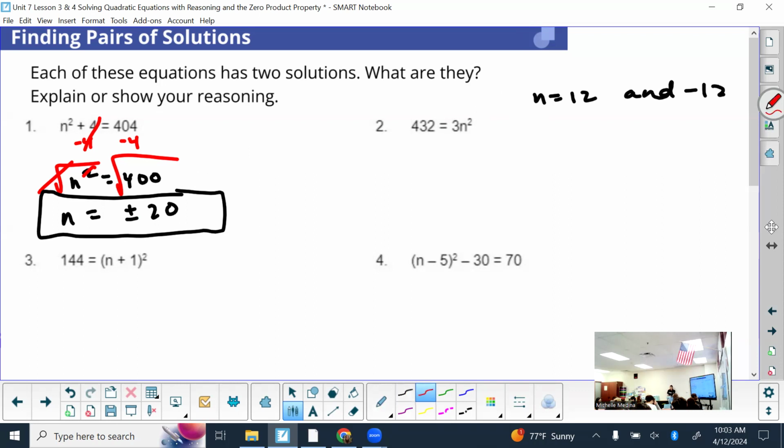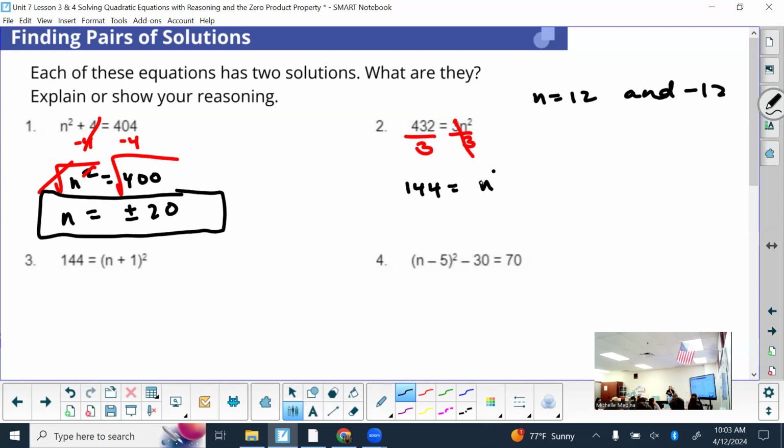And opposite of multiplying 3 is whatever you do on one side. And 432 divided by 3 is, I don't expect you to know that in your head, but I remember it because I already did it once today. 144.